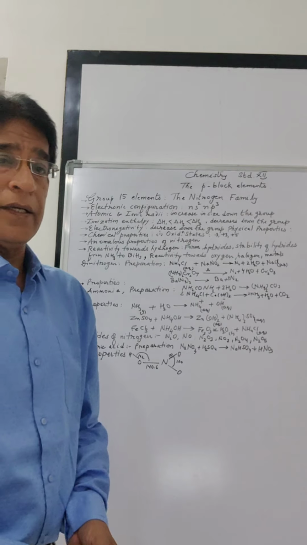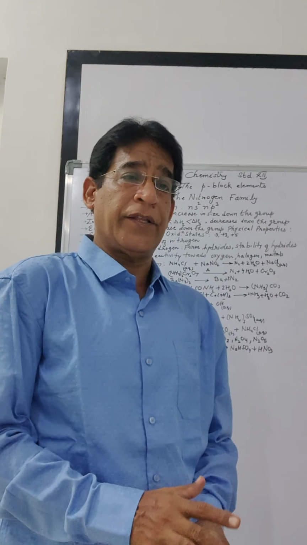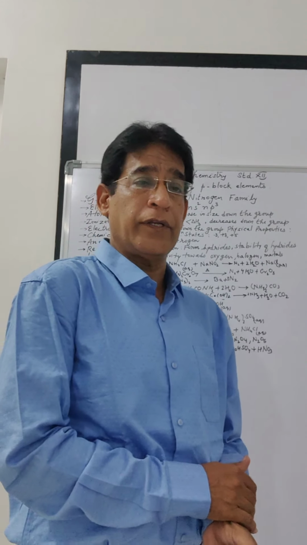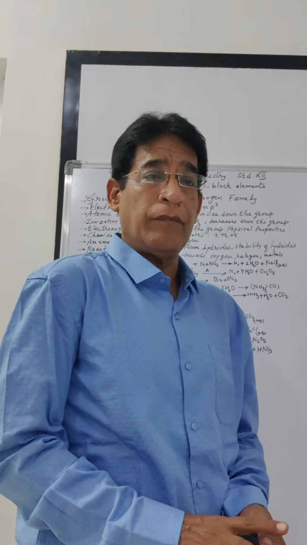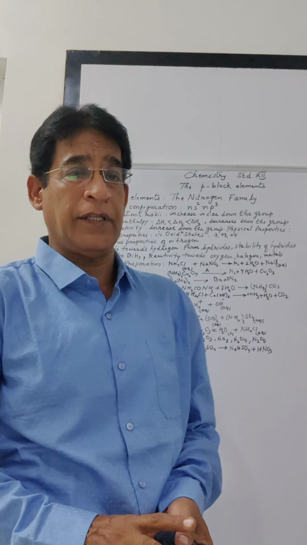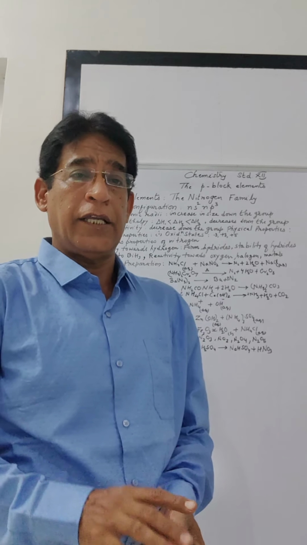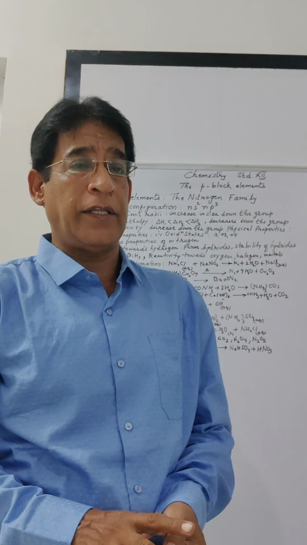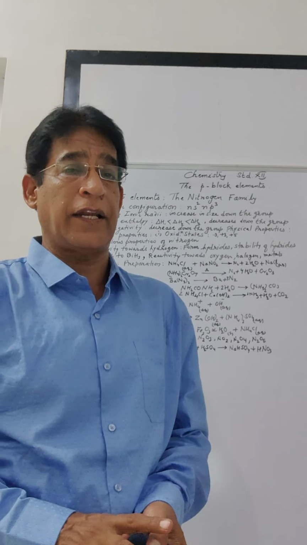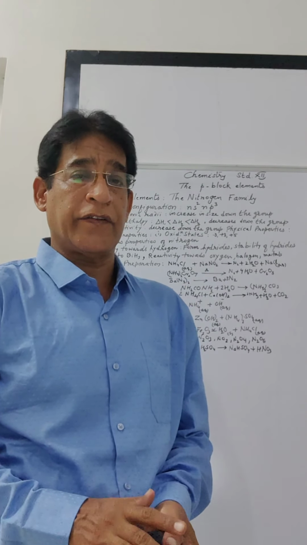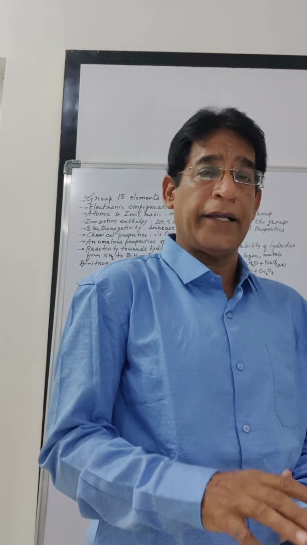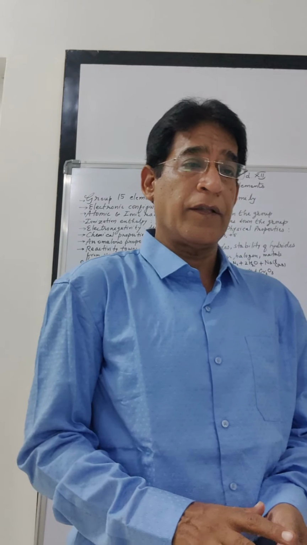Now, industrial method of preparation of dinitrogen: nitrogen from liquefied air by fractional distillation. The boiling point of nitrogen N2 is minus 196 degrees Celsius and that of oxygen is minus 183 degrees Celsius, and hence they can be separated.